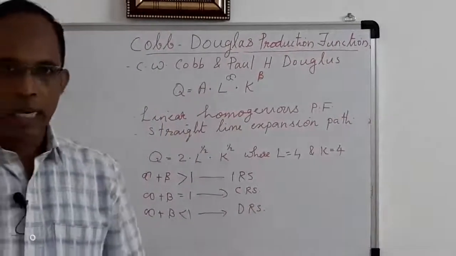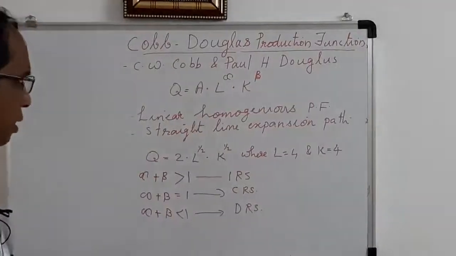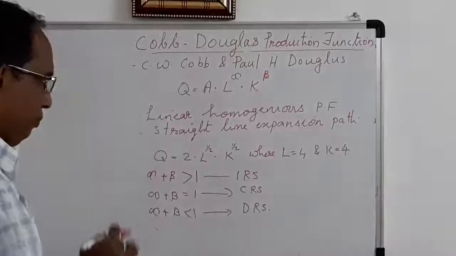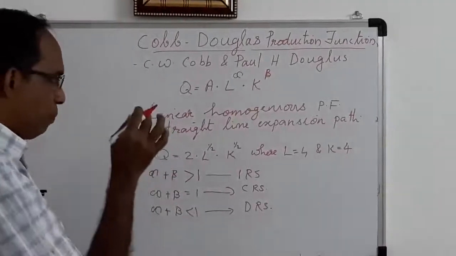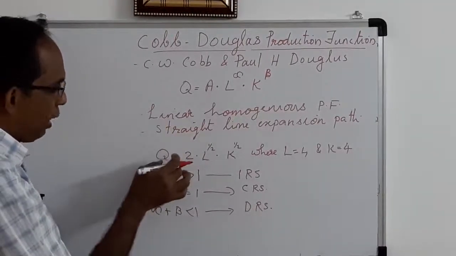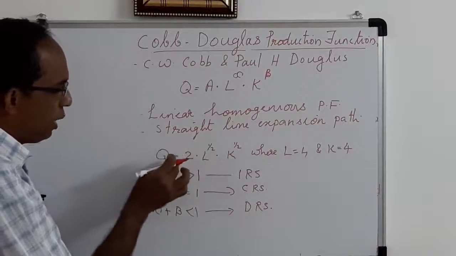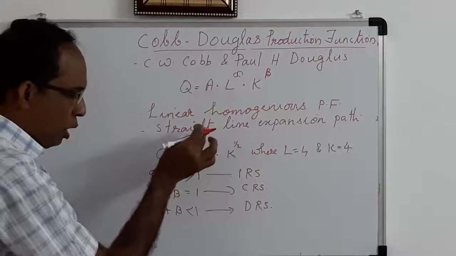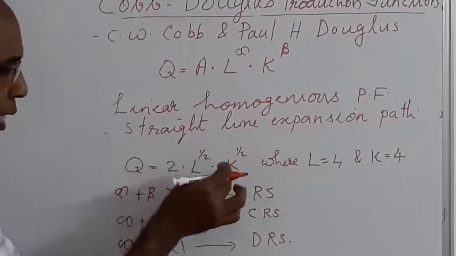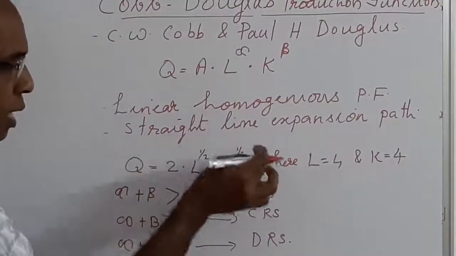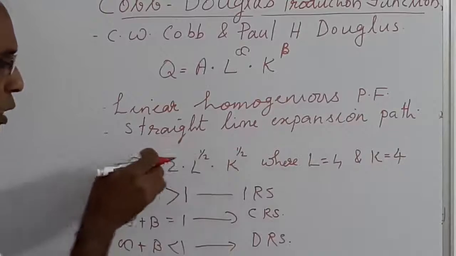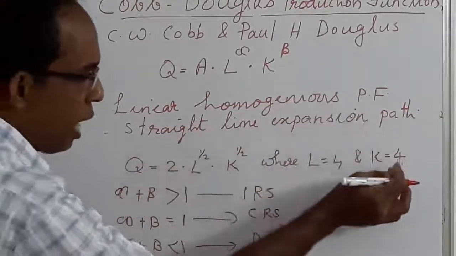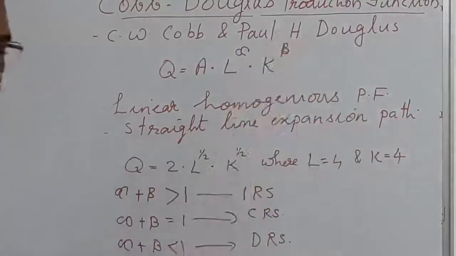Right. Now let us explain this Cobb-Douglas production function with an example. Suppose the production function of a producing unit is 2 into L raised to half into K raised to half, and calculate the output where the firm uses 4 units of labor and 4 units of capital.